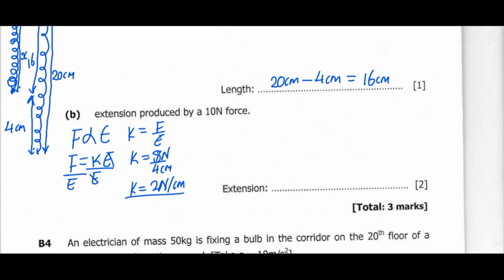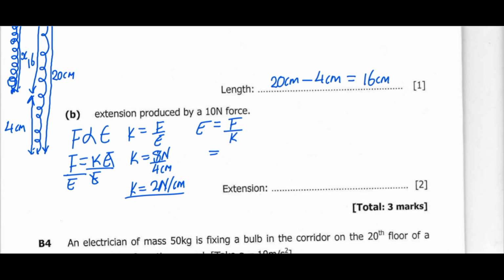Now the question is, what is the extension produced by a 10 Newton force? If we increase from 8 newtons to 10 newtons, what would be our new extension? If we want to find the extension, the formula is extension is equal to force over constant.